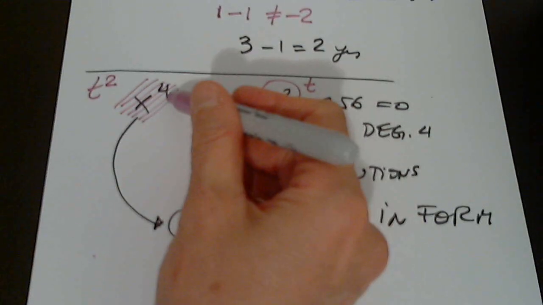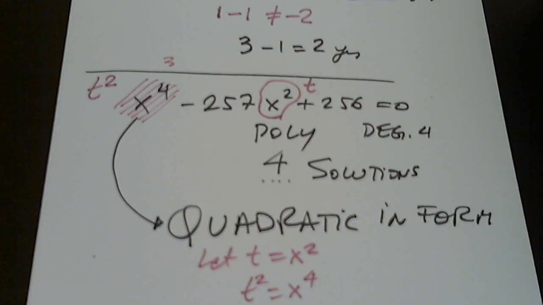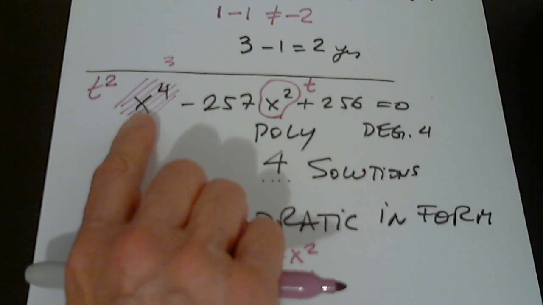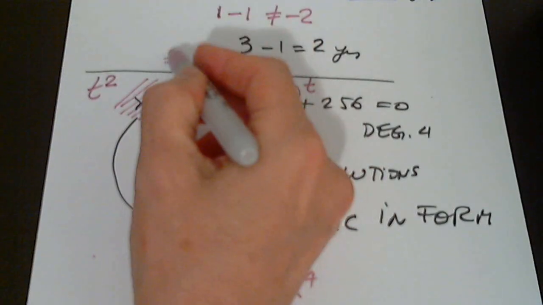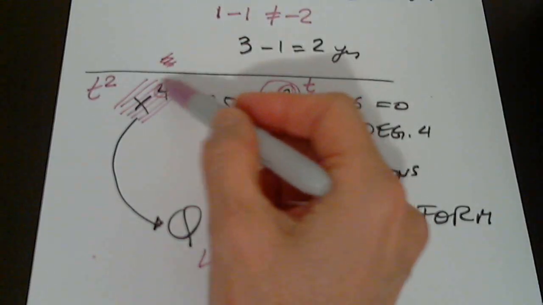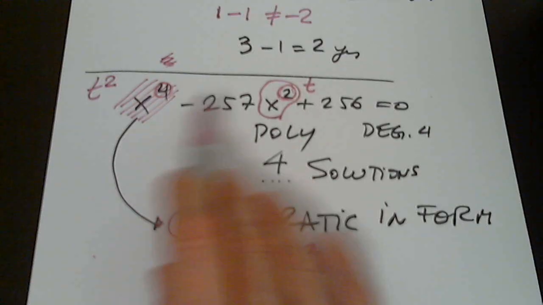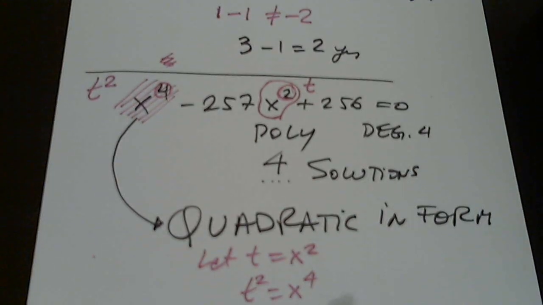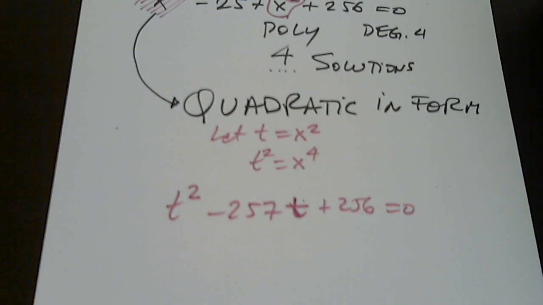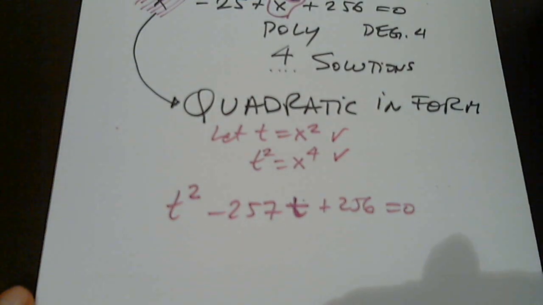Now, if this power is 3 but not 4, the polynomial is not quadratic in form because this is t, but this is not t squared anymore. But because this was power 2 and this was power 4 and nothing else, there is no other x anywhere, I can replace this by a quadratic equation, making these notations.